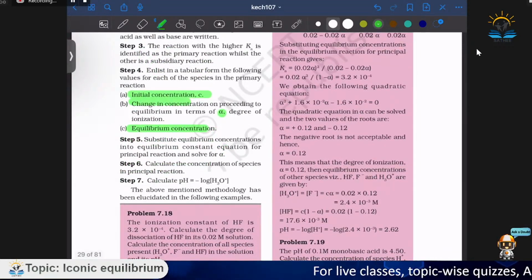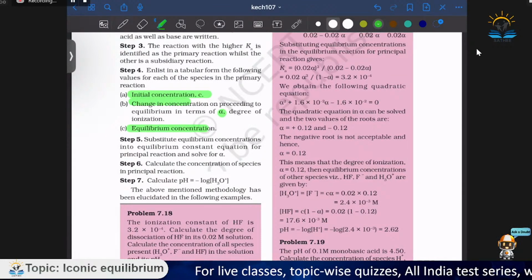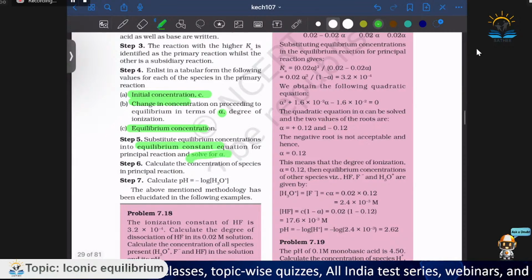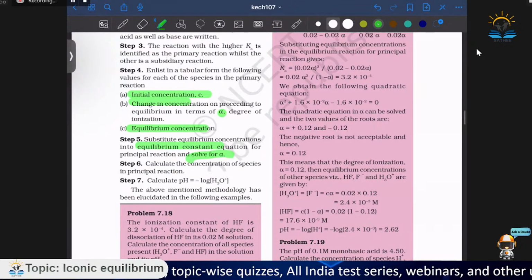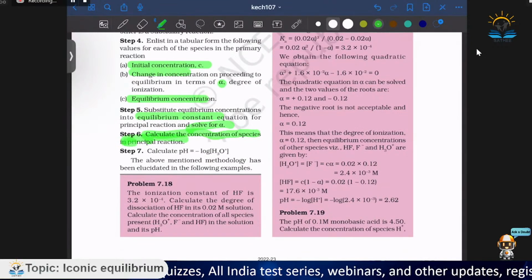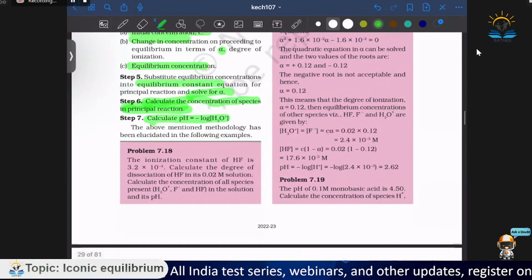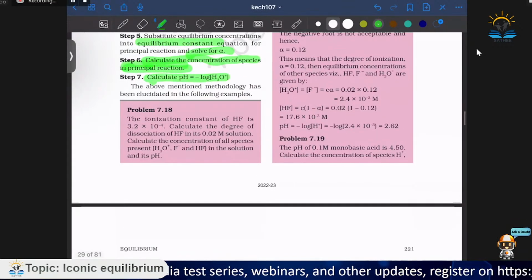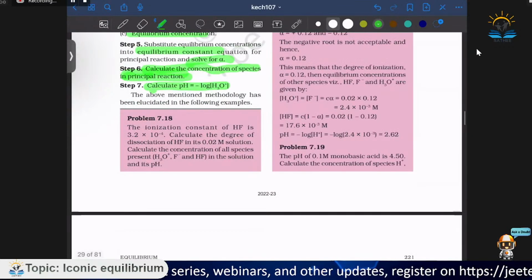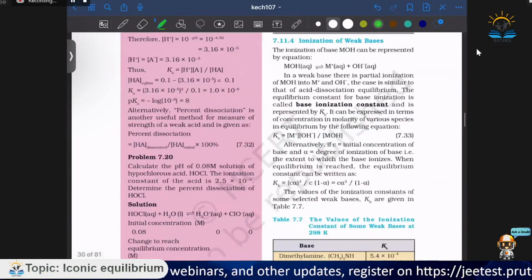Then you have to write down the expression for equilibrium concentration and equilibrium constant. Solve for alpha, calculate the concentration of your hydrogen ion, and after calculating that concentration, you can directly find out the pH. Examples we will see in the previous year questions.